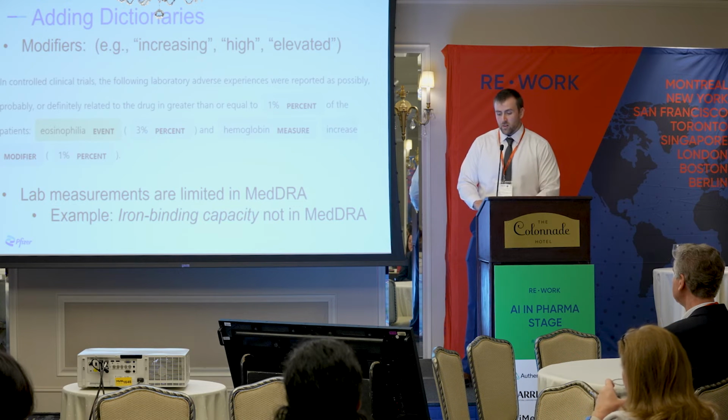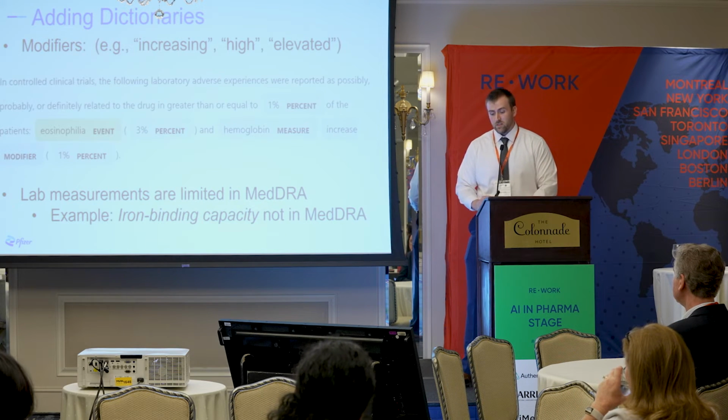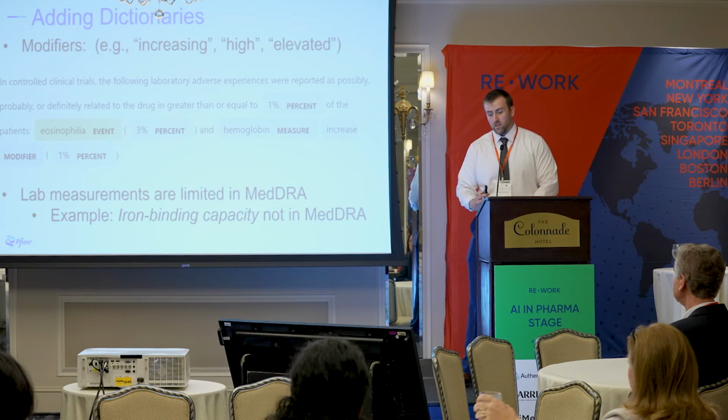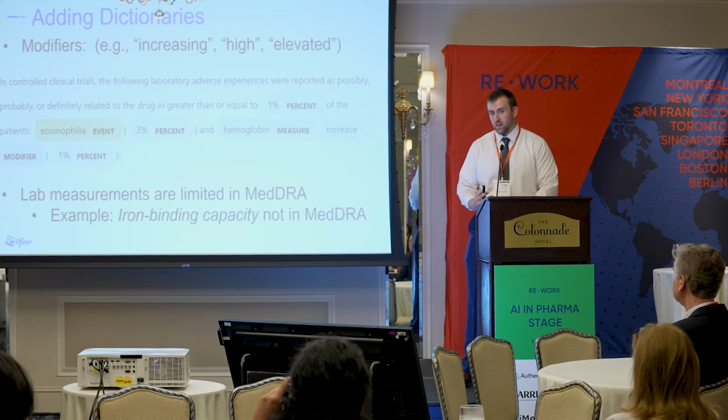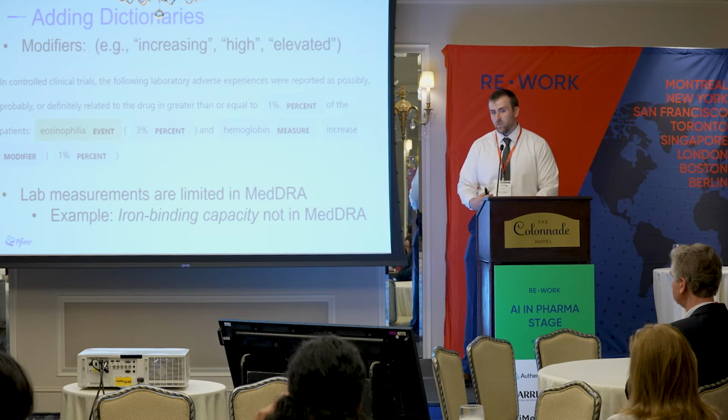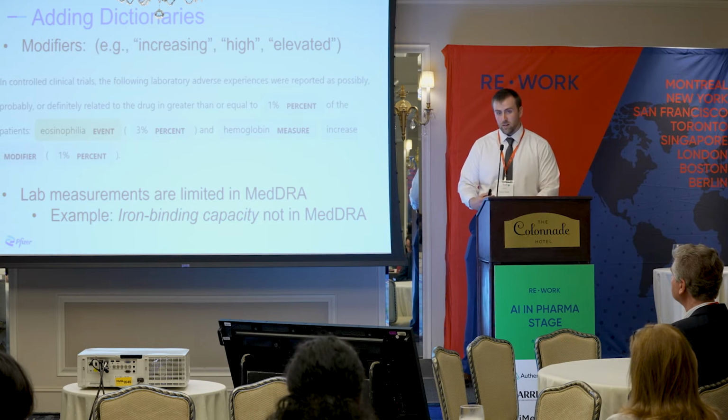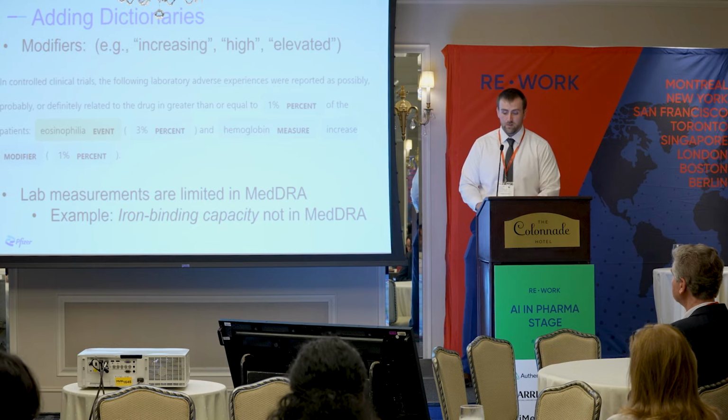We created additional dictionaries, such as the modifiers dictionary, which included terms like increasing, high, elevated, that quantify how these laboratory measurements are being changed over the course of clinical trials.